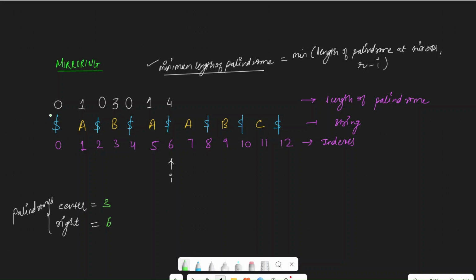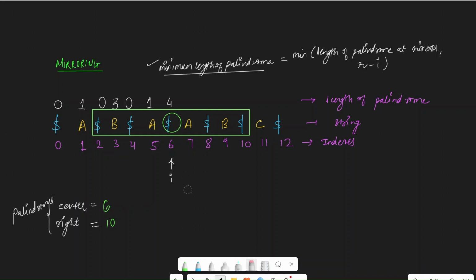Now with this as our palindrome, our center is here. So now I have to update my center as well as the right boundary. So the center is at index 6, and our right boundary is at 10.